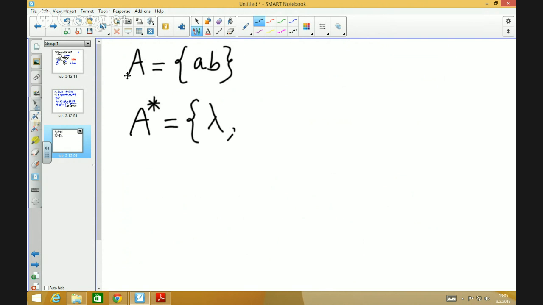Or I can take 1 copy of AB and I write it. Or I can take 2 copies of AB and I write them one after the other. ABAB. Whoops, it's just that I get inspired by ABBA, things get strange. Or you can take 3 copies of the string and I write them.